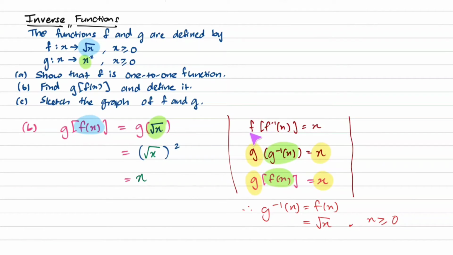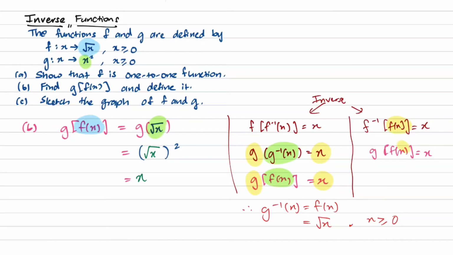Besides the definition f(f inverse(x)) equal to x, there is also another formula, which is f inverse of f(x) is equal to x. These two definitions refer to inverse functions. Now, if I write it this way, and then I write down what we have gotten here, now I can compare it like this.